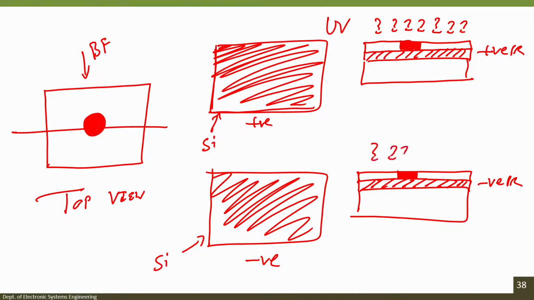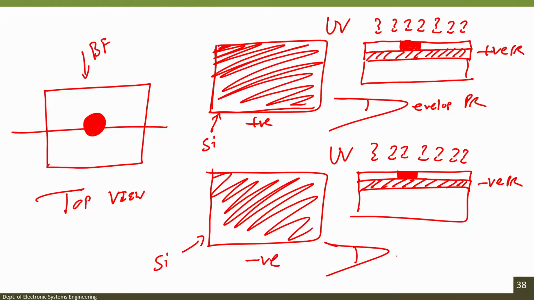Same thing goes for here also. Then I will develop the wafer in photoresist developer. In this case it is a positive photoresist developer, in this case it is a negative photoresist developer.